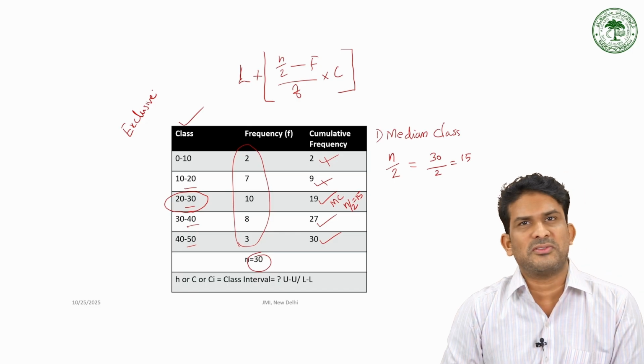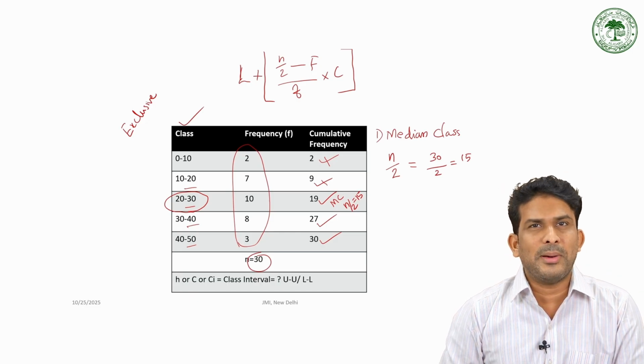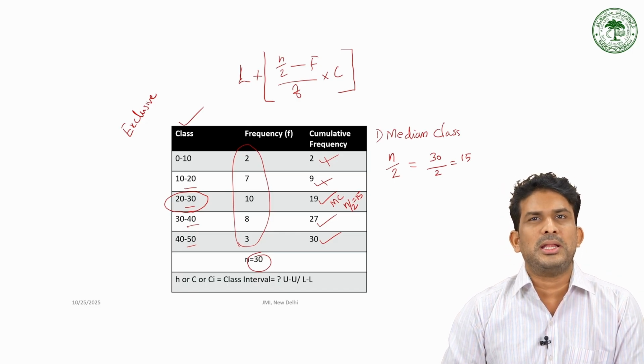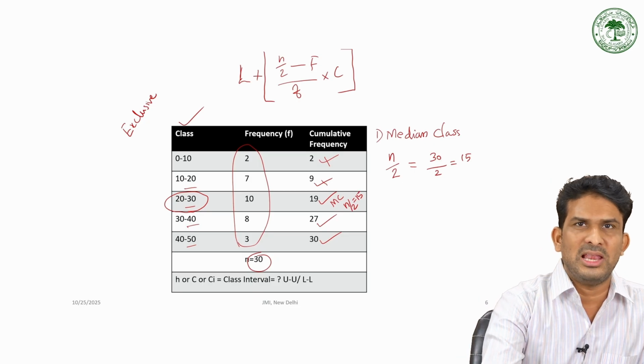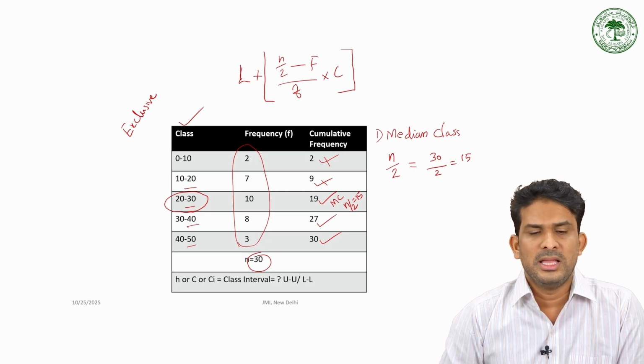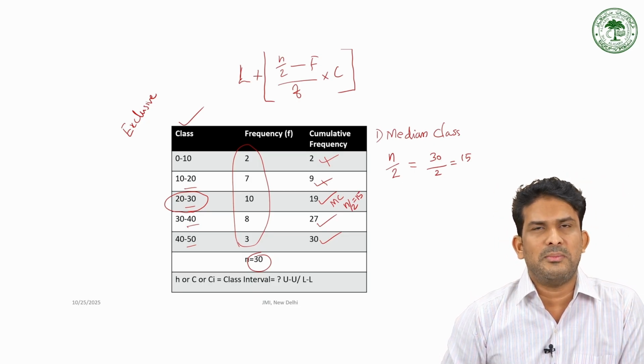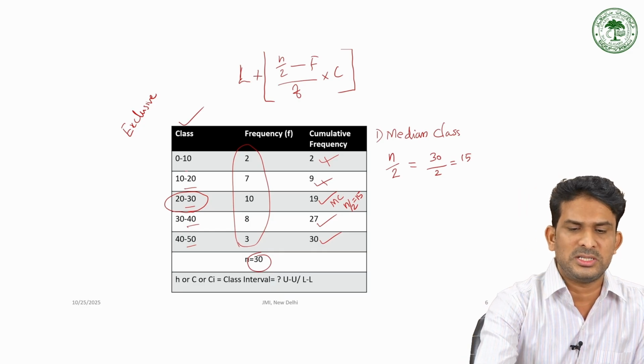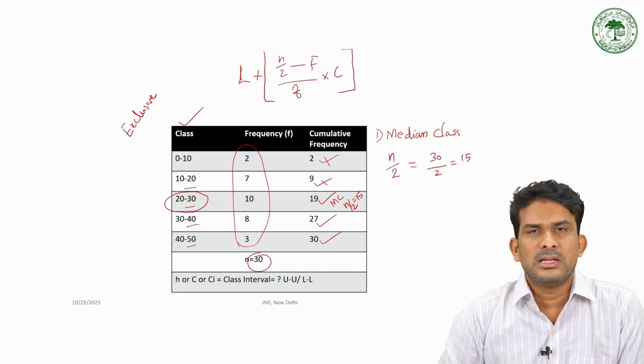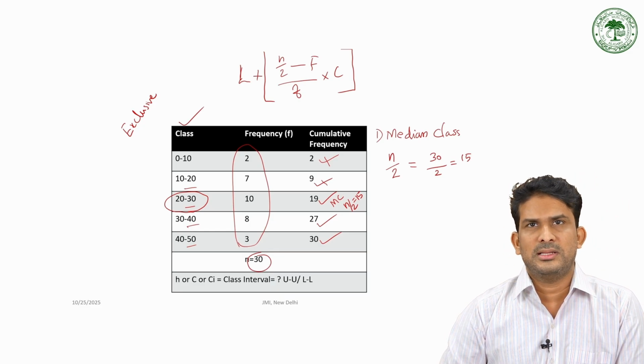What is the characteristic of exclusive distribution? Upper limit value will not be included in the class. 9.999 will be included in the first class, but 10 will be included in the class 10 to 20. It's very clear.